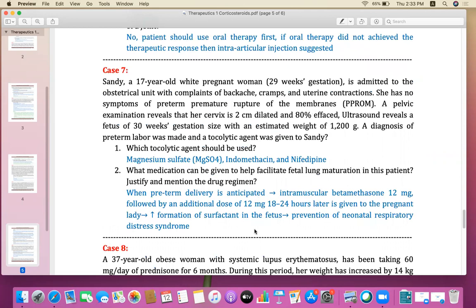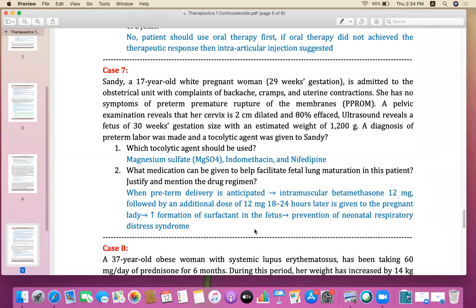Next case. Sandy, a 17-year-old white pregnant woman, 29 weeks of gestation, is admitted to the obstetrical unit, complaining of backache, cramps, and uterine contractions. She has no symptoms of preterm premature rupture of the membrane.